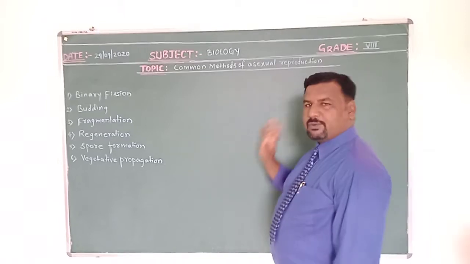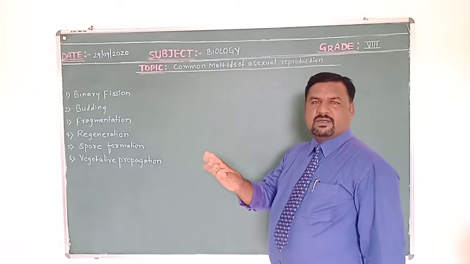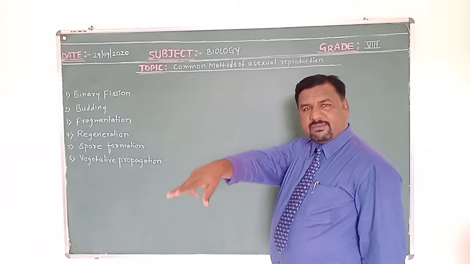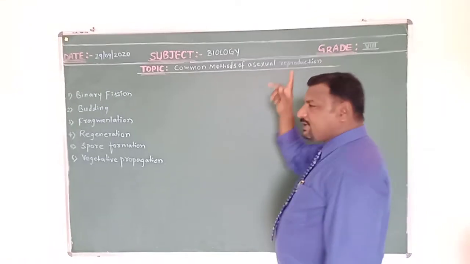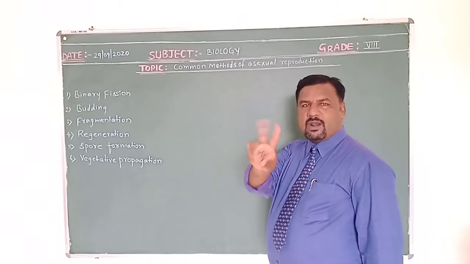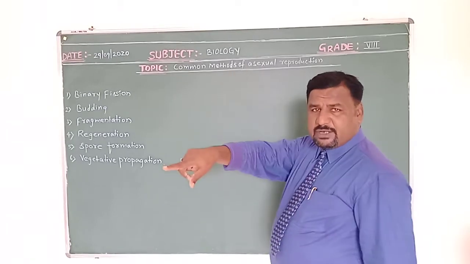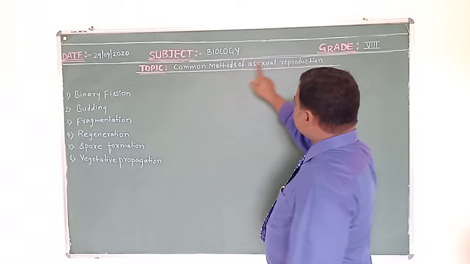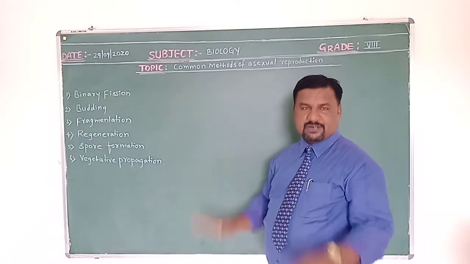Whereas in asexual reproduction, there is no fusion. Sexual reproduction involves male and female parents. Asexual reproduction involves either male or female, any one, not both. In sexual reproduction, gamete fusion occurs. During asexual reproduction, no gamete fusion.